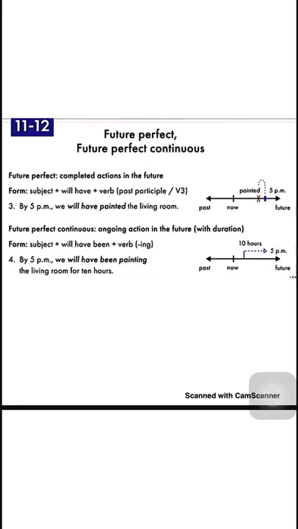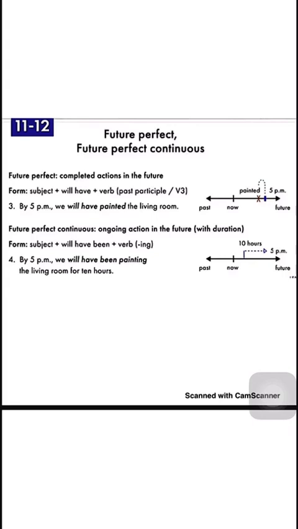And the future perfect continuous is for an ongoing action in the future with the duration. For example, by 5 p.m. we will have been painting the living room for 10 hours, which means he is saying that by 5 in the evening it will have been 10 hours of painting this living room.